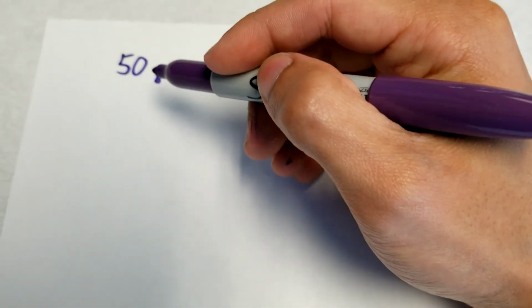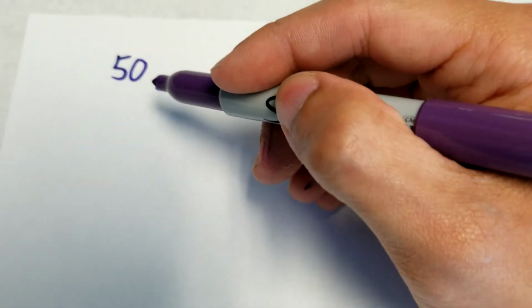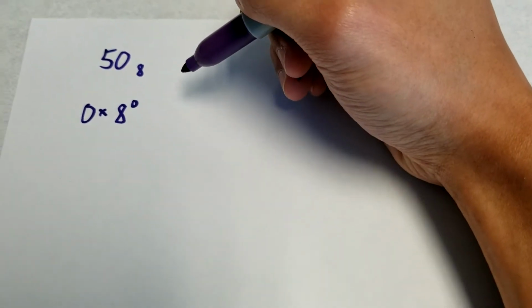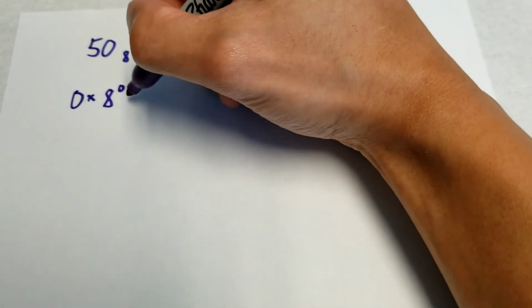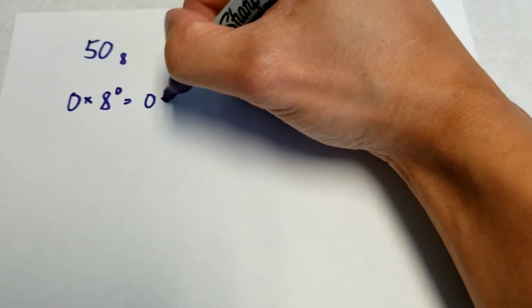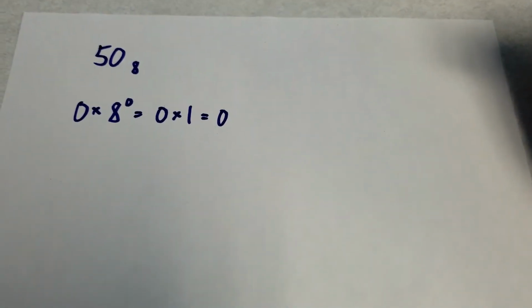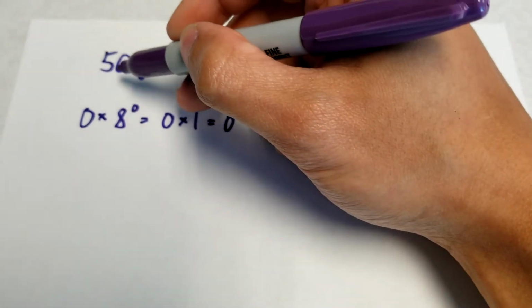So right here, I'm going to take the 0. 0 times 8 to the power of 0, which is 0 times 1, which is 0. And then the next digit, the 5 right here.